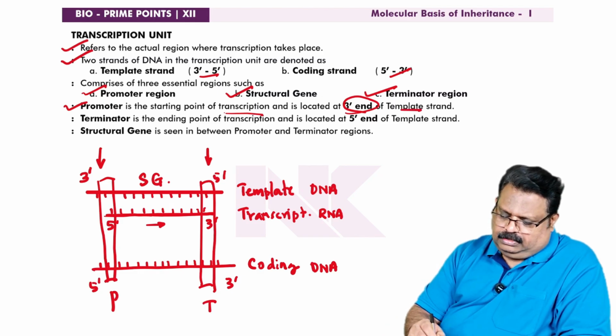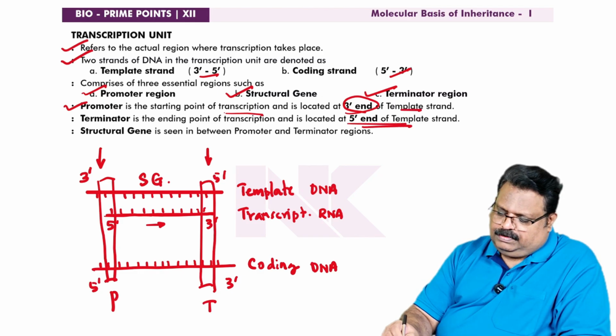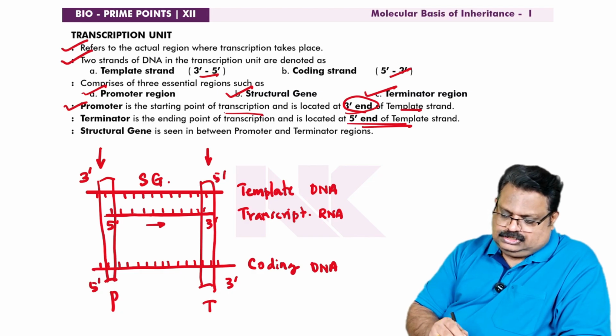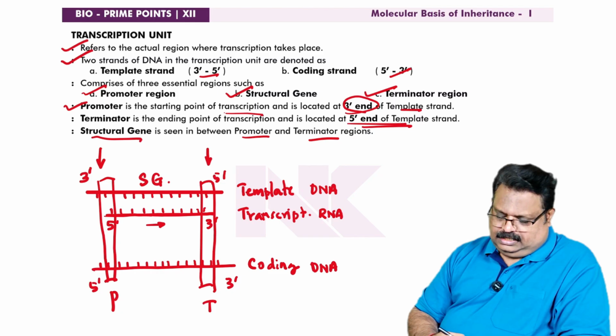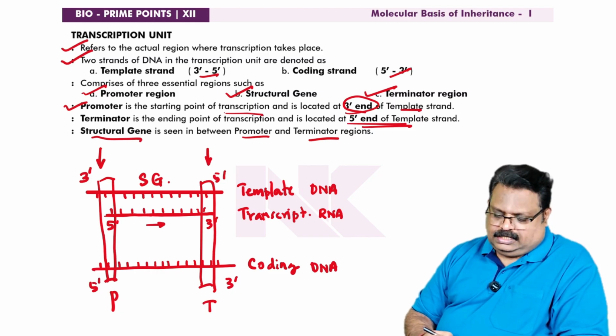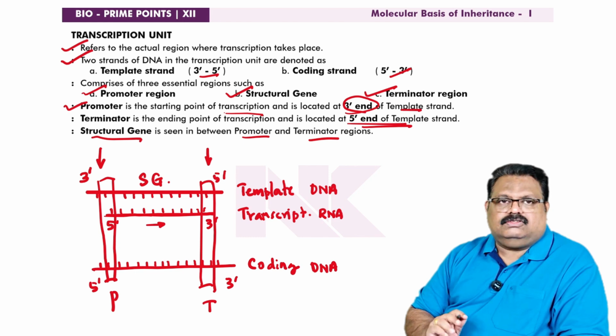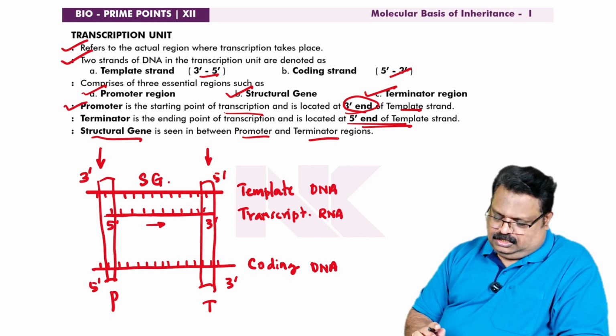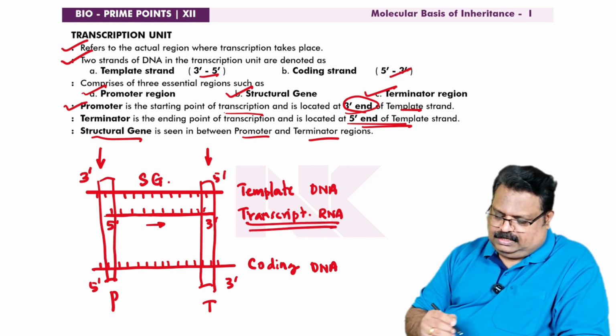Terminator is the ending point of transcription, located at the 5' end of the template. Structural gene is seen in between the promoter and terminator region. So this is the orientation of the transcription unit. Transcription unit means the region where the process of RNA synthesis actually takes place.